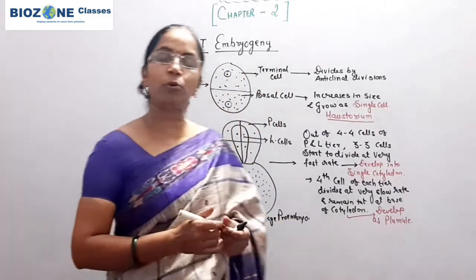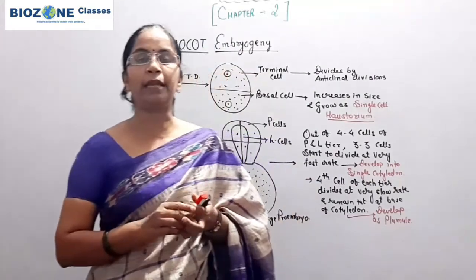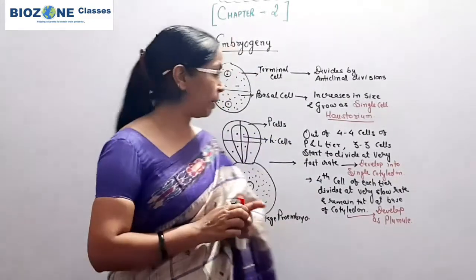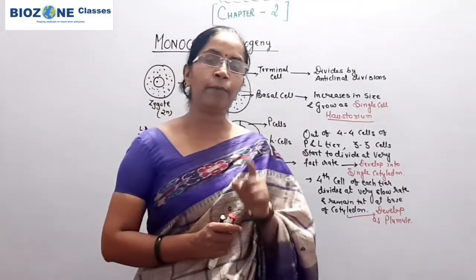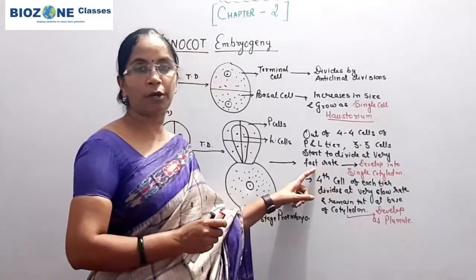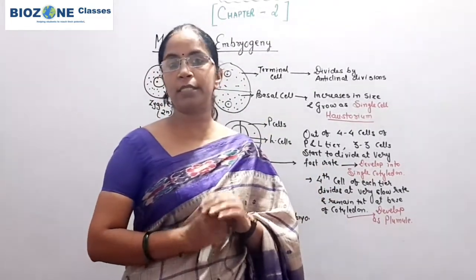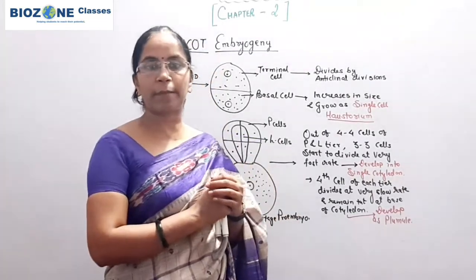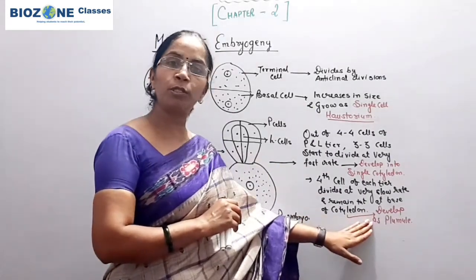In dicot, the plumule is exactly present in the center of the 2 cotyledons, but in monocot embryo, the plumule is present at the base of the cotyledon, or the surface where the cotyledon is completed. The formation of the cotyledon takes place, and just at the base of that surface we observe the plumule.